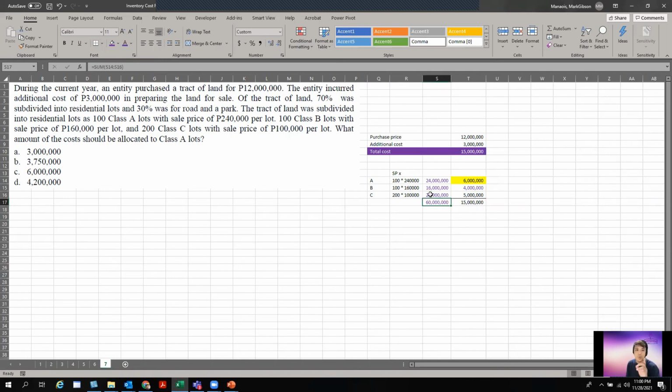Pwede mong gawin 20 million over 60 million, or drop the zeros, pwede ngang 20 over 60. So 20 over 60 multiplied by 15 million, so that's 5 million pesos. Kung napansin mo, ginawa lang natin ang ratio in order for us to allocate the total cost. So the answer to requirement 1 would be 6 million pesos. So letter C.